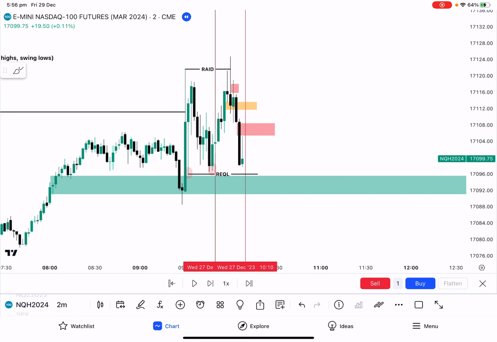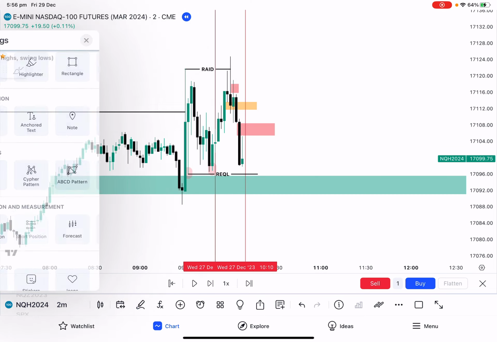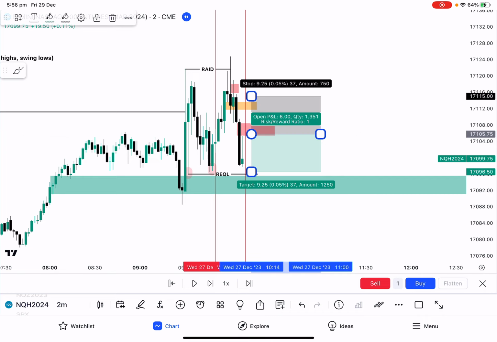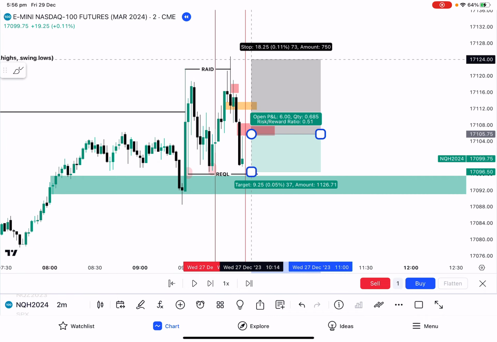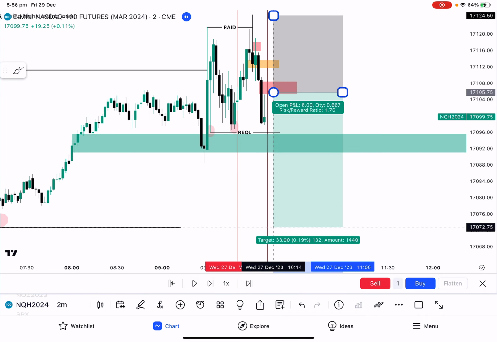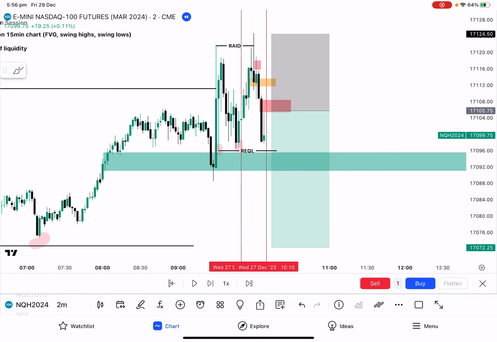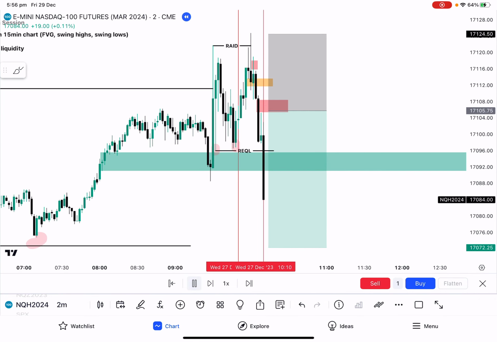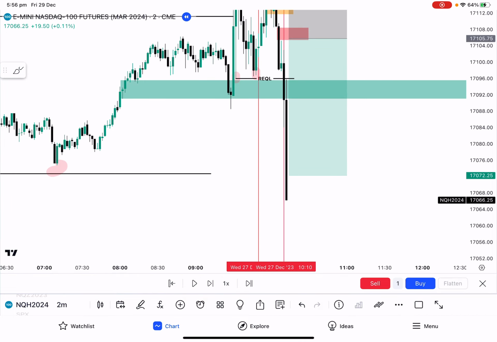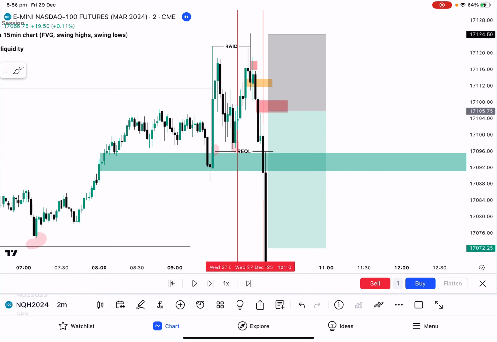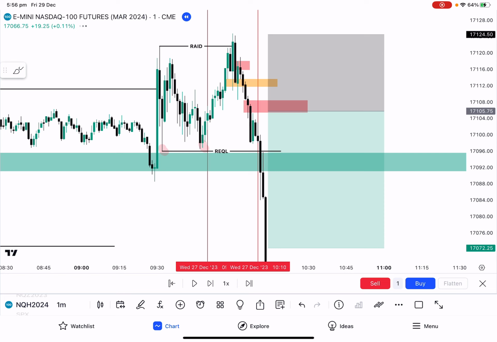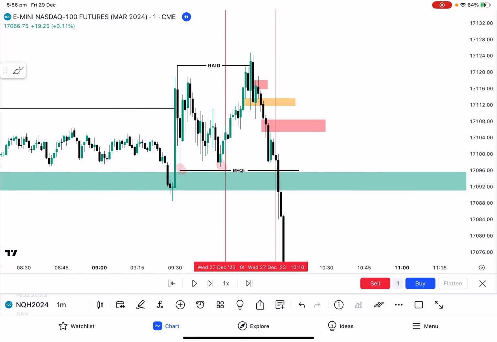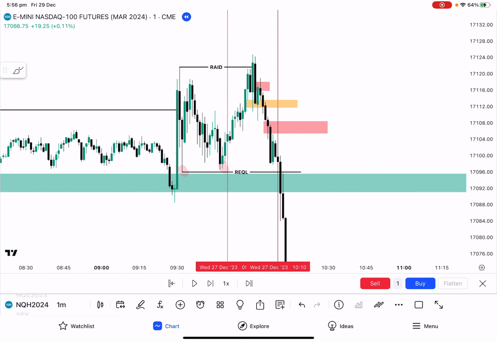So you might set a limit order for the start of that gap, stop loss maybe above this high, and then you're targeting those relative equal lows, whatever you want to do, right? But look, price does not give you an opportunity to actually execute. So having an understanding of other ICT PD arrays really does help. I started just with fair value gaps, and I started just with a 1-minute time frame, and this would happen to me quite a bit.